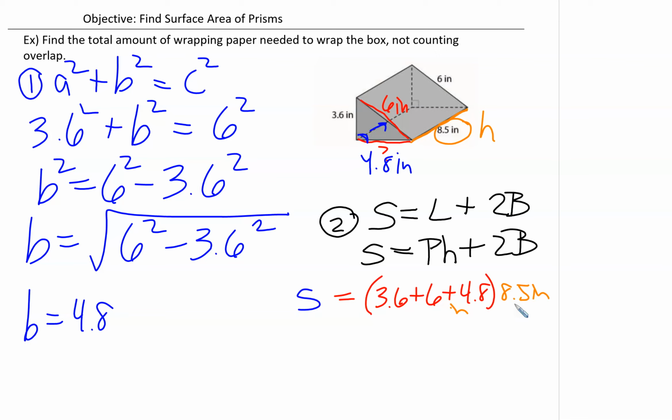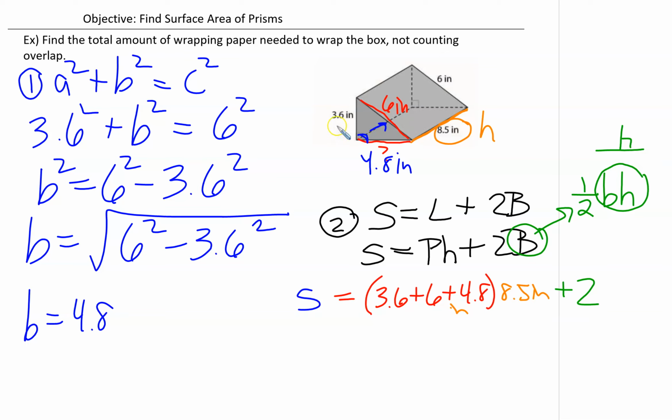And then we're going to add that to 2 times the area of the base. Now, remember, the base shape is a triangle. So here you have to remember how to calculate the area of a triangle. Area of a triangle is 1/2 times the base edge times the height of the triangle. Remember, the base edge and the height of a triangle have to be perpendicular to each other, meaning they form a right angle.